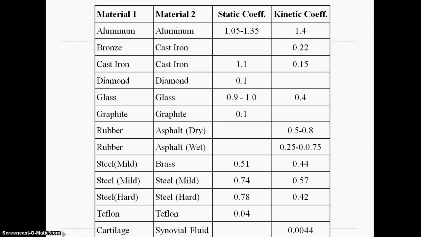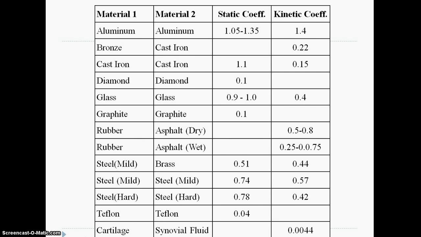I like this chart because it has all kinds of different substances. I like that Teflon on Teflon is 0.04, which is a very small value compared to the other values on this chart, and that should be fairly friction free. Think about Teflon used to coat your pans so things don't stick. It makes sense it would not have much friction.